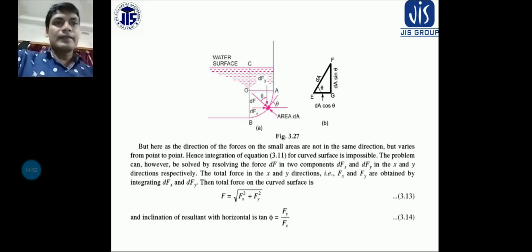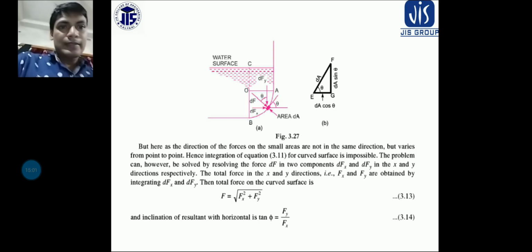Okay, and one vertical component and one horizontal component is taken. So in case of this curved surface, the resultant force I can calculate root over Fx square plus Fy square and tan theta, that is your inclination of the tangent with horizontal, is tan theta, it is equal to what? Fy by Fx, or theta is equal to tan inverse Fy by Fx.